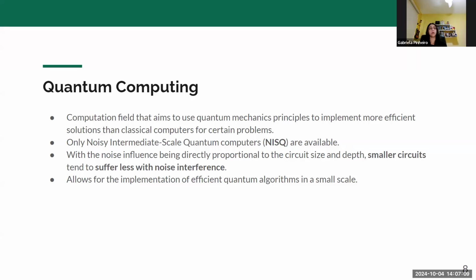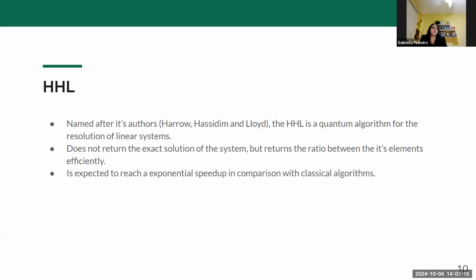One of those efficient algorithms is the HHL. It is named after its authors, Harrow, Hassidim and Lloyd, and it's a quantum algorithm for the resolution of linear systems. It does not, however, return the exact solution of the system. What it does return is the ratio between its elements in an efficient way. The original paper proposing the HHL does not go into much detail about implementation.